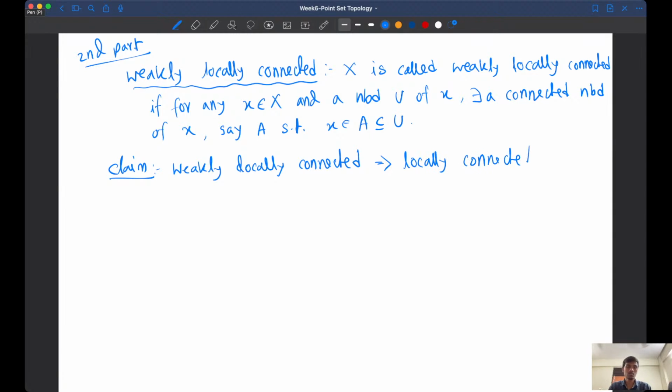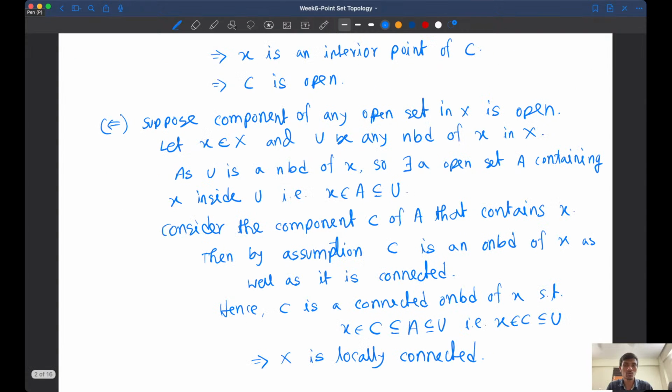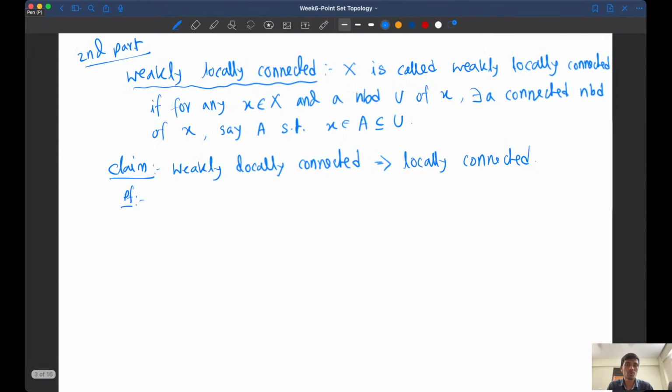The converse is just trivially true, so both notions are actually the same. So, proof. Again, to prove local connectedness, we will use this thing: we will show every component of every open set is open.